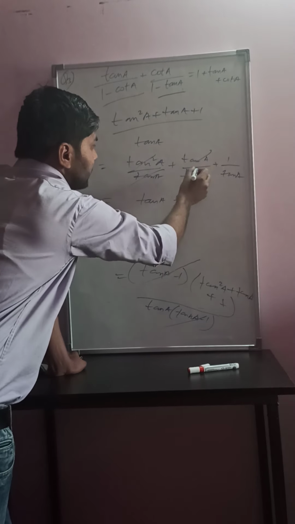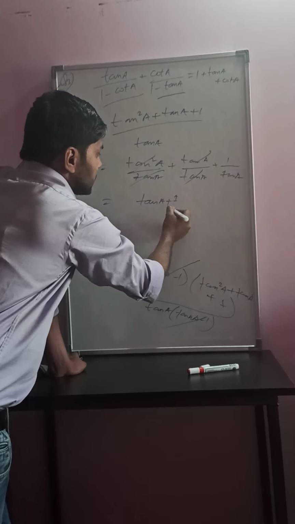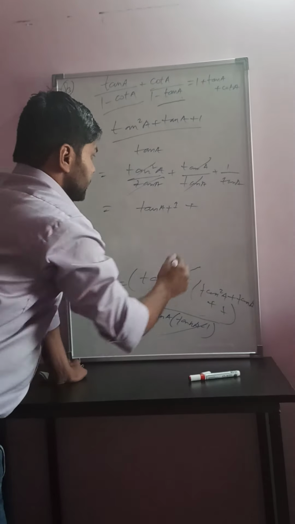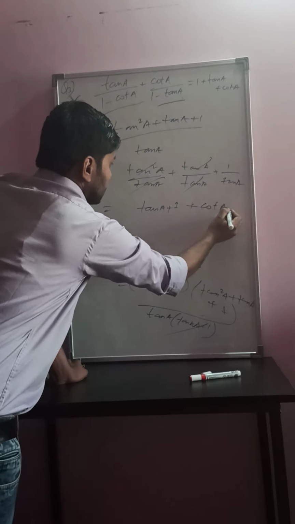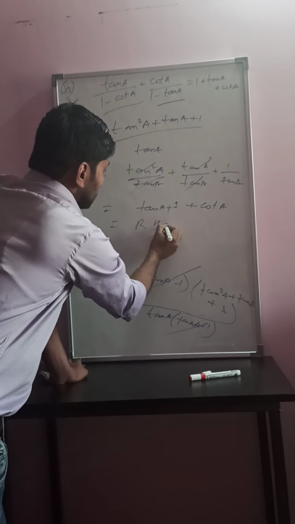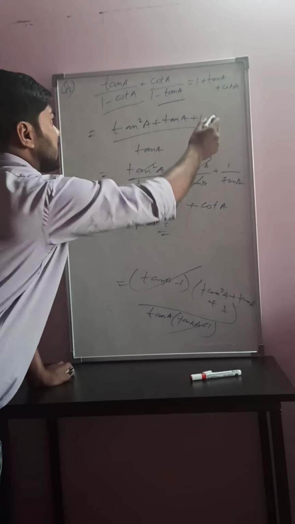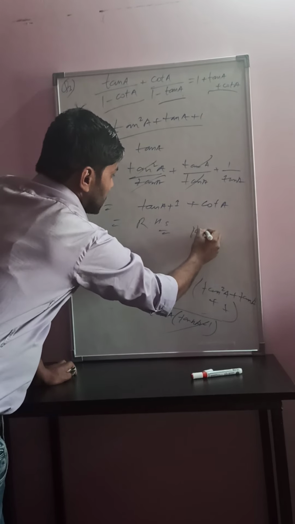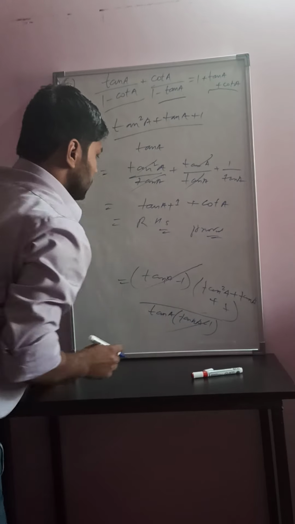Yes. Tan A by tan A, will it be 1? Yes. Plus 1 upon tan A, which will be cot A. So this is our required RHS. We got the RHS required, which is proved.